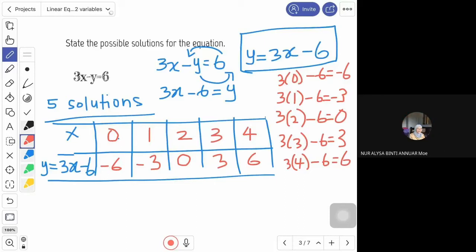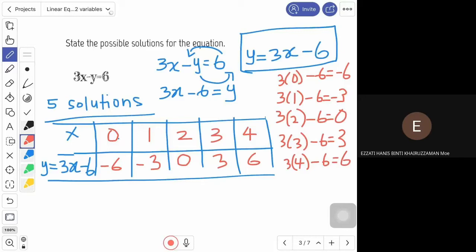Teacher, can I ask a question? If it says state the possible solutions, how many solutions are needed?